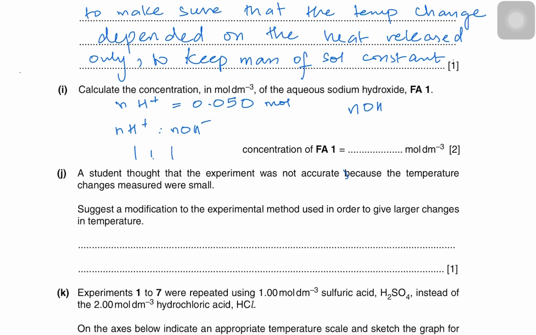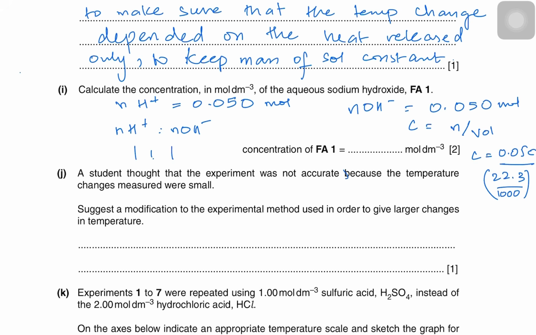So moles of OH minus ion is equal to 0.050 mole. Concentration is equal to moles divided by volume in decimeter cube. So concentration is equal to 0.050 divided by 22.3 divided by 1000. You'll fit your answer here.